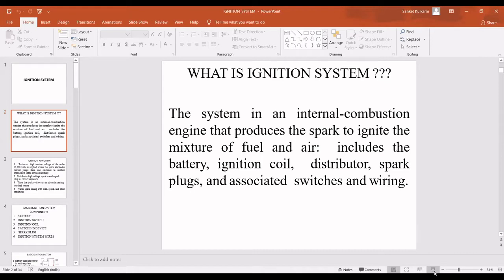At the end of compression, the temperature and pressure achieved by the air will be very high, and diesel is injected into the engine cylinder in the form of fine spray particles through the fuel injector.